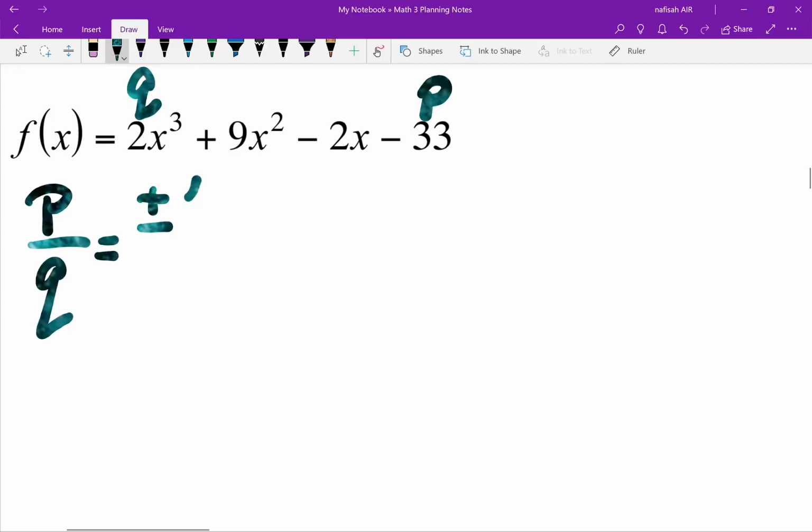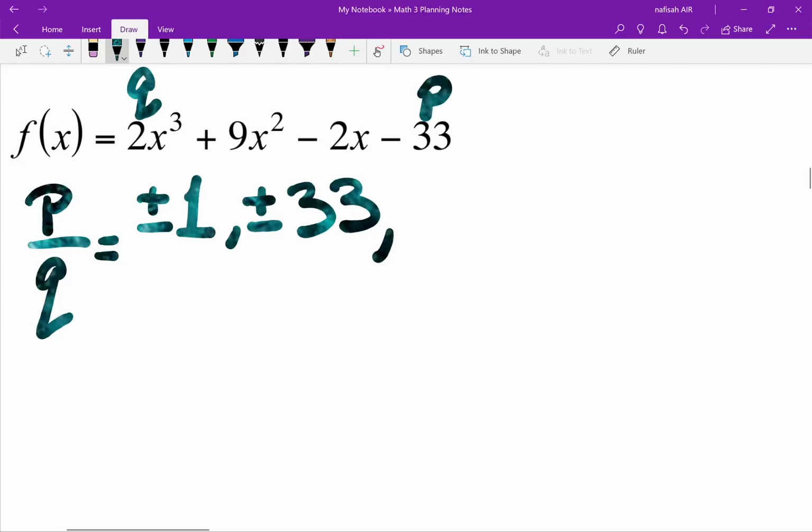I could multiply plus or minus 1 by plus or minus 33, because 1 times 33 is 33. And I can have positive 33 times positive 1. I can have positive 33 times negative 1. And if I want to be technical, I have right here a negative 33, so it would be the positive and negative versions of those numbers.